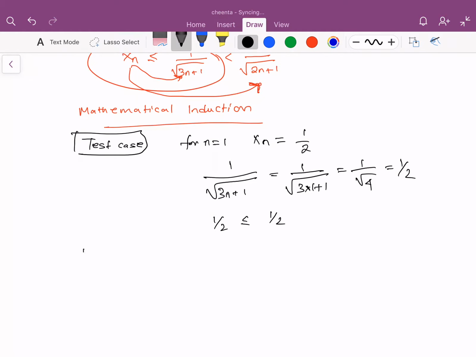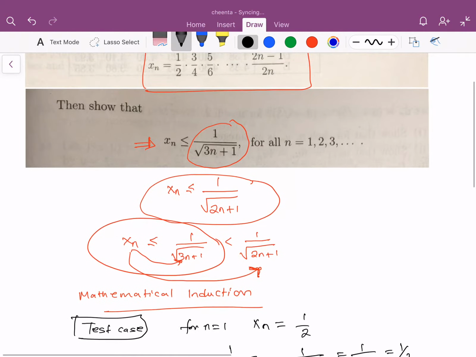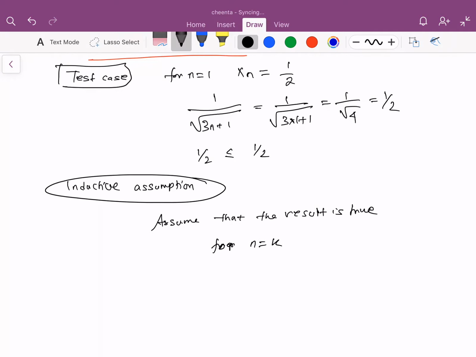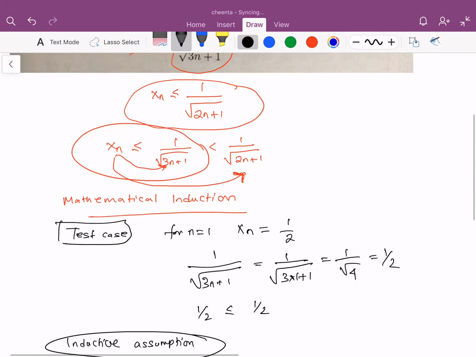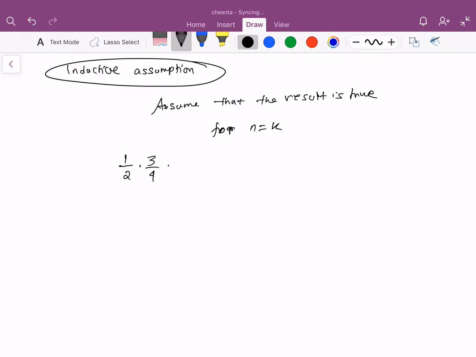Now, when we have the inductive case, the inductive assumption, so we assume that the result is true for n equals to some k, which basically means that if we go from 1 over 2 times 3 over 4 times 5 over 6 up to 2k minus 1 by 2k, then this is less than or equal to 1 over square root of 3k plus 1.